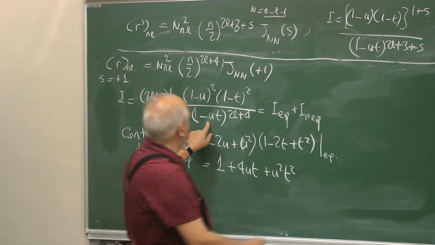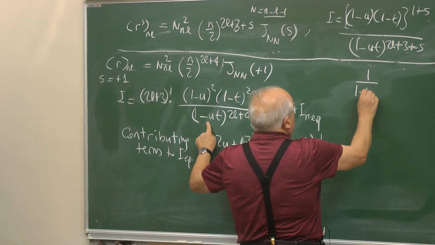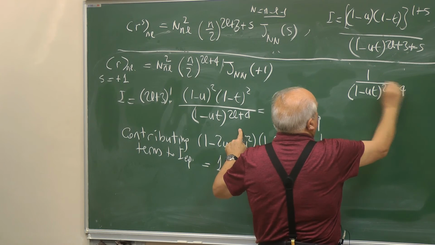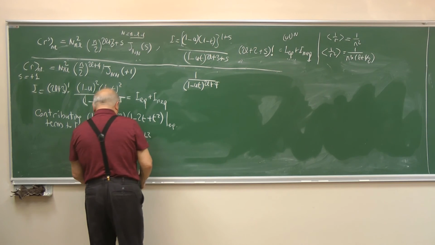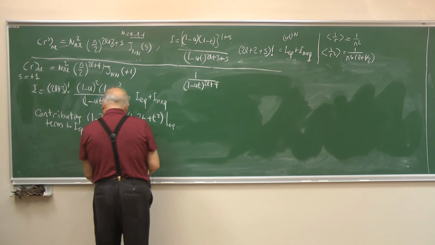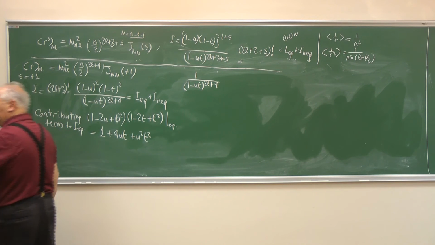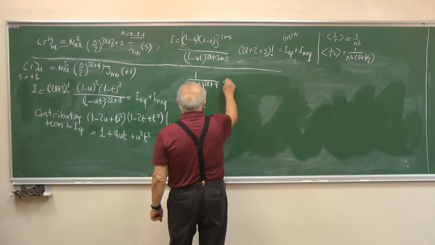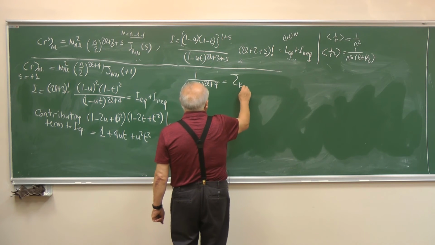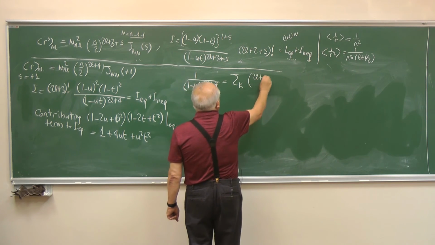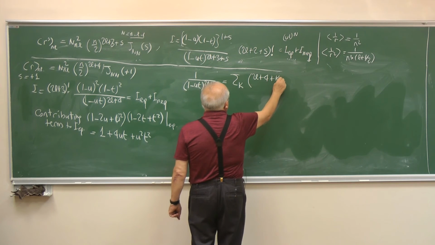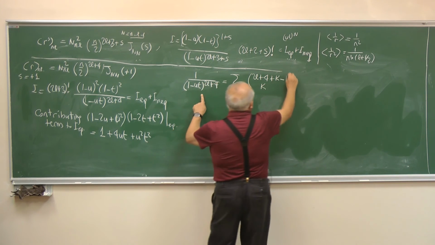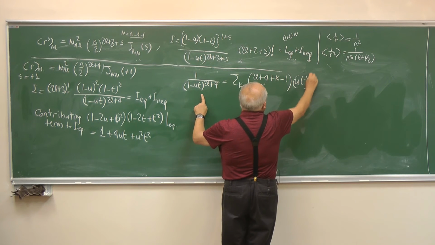So this one, 1 over (1 minus ut) to the power 2l plus 4, equals sum over k of binomial (2l+4+k-1, k) (ut)^k.